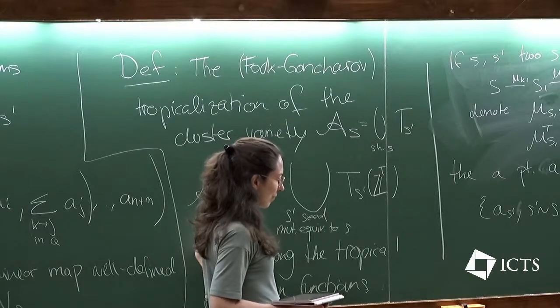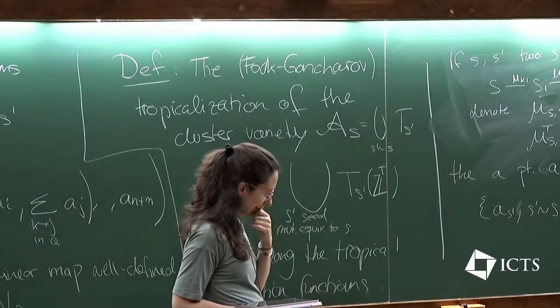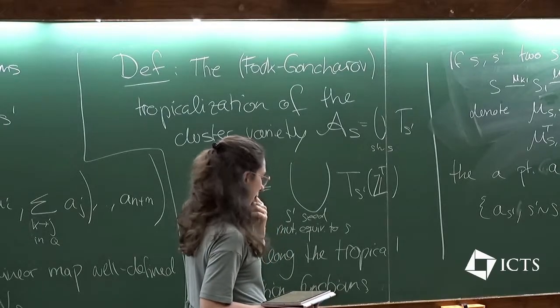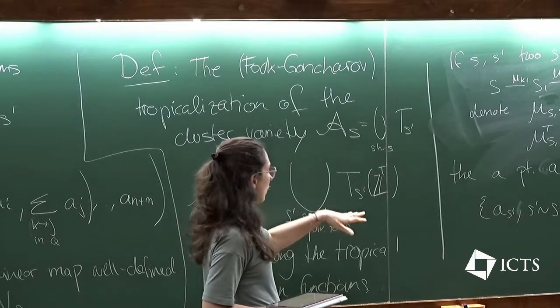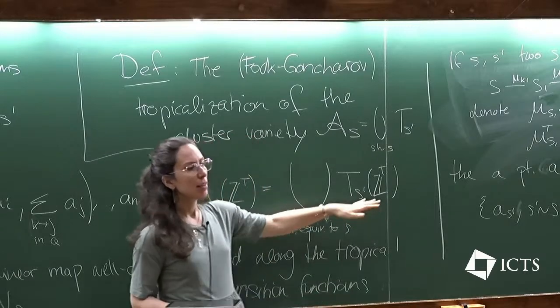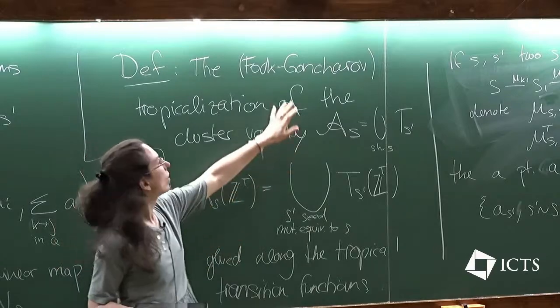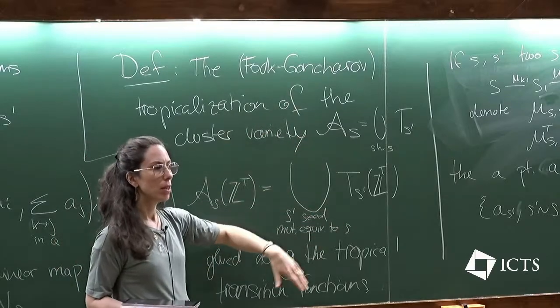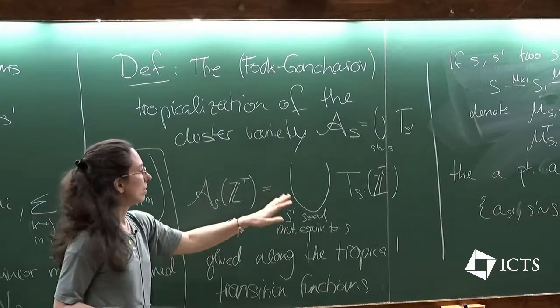It's a bit subtle, I guess, because generally the seeds are associated to this infinite n-valent tree, some tree where every vertex has valency n, but it is infinite.